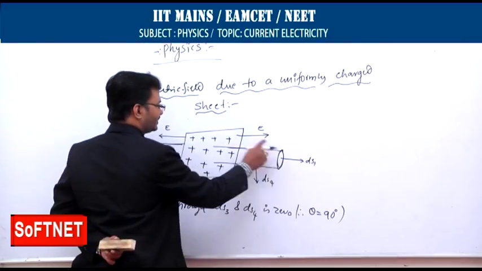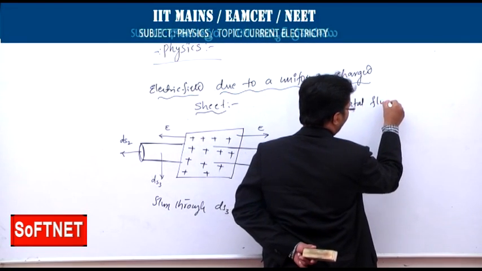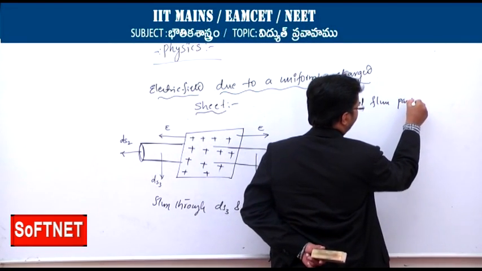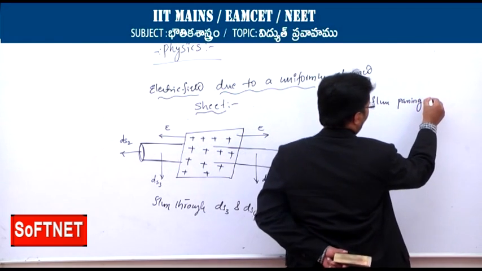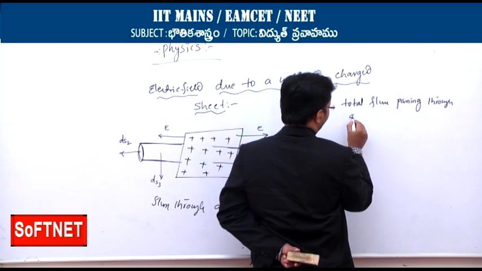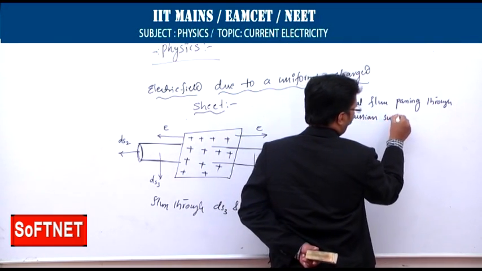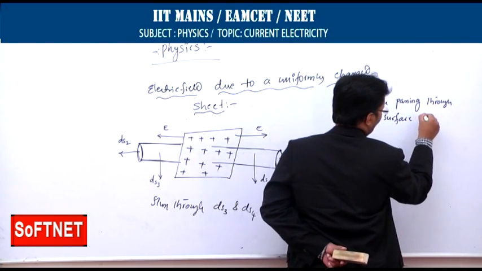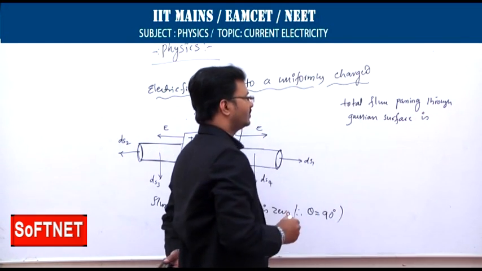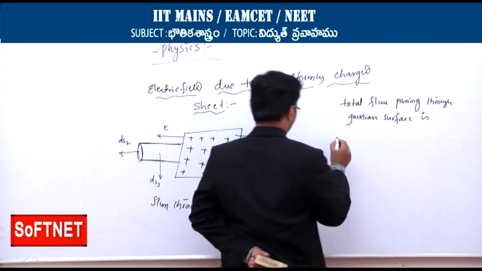Now the flux passing through this one exists. The total flux passing through the Gaussian surface is through this one and this one.